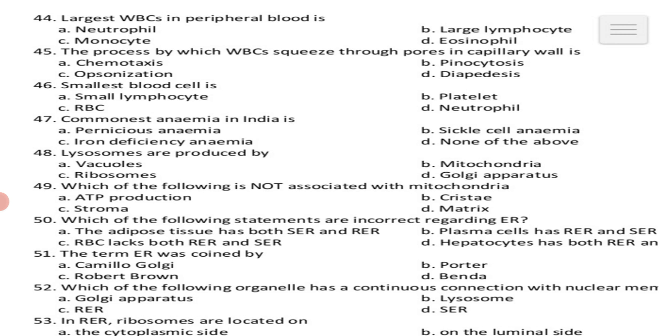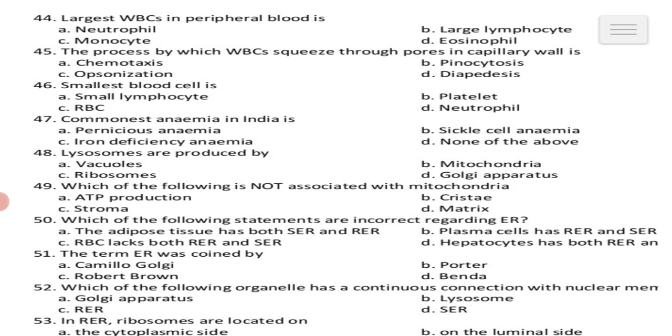So option A, option B, and option D are associated with the mitochondria, but the stroma is not. Stroma is a fluid filling the inner space of a chloroplast, which encircles the grana and thylakoids. The light independent reactions, or dark reactions, take place in the stroma.